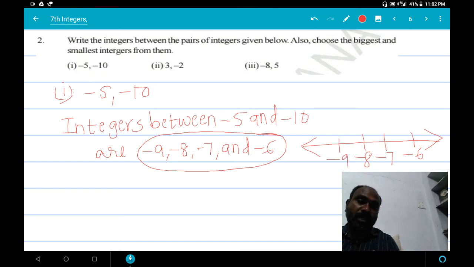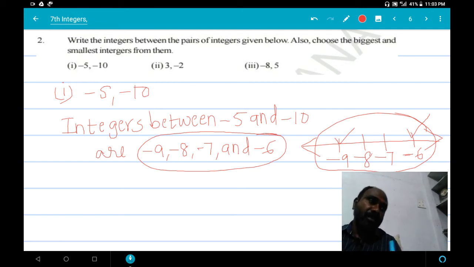So here which is bigger? -6 is bigger, not the 9 or 6. Compare with here -6 right side and -9 left side. So -6 is bigger than -9 because on the number line -6 is right side of -9. Okay, so right side is bigger than left side.